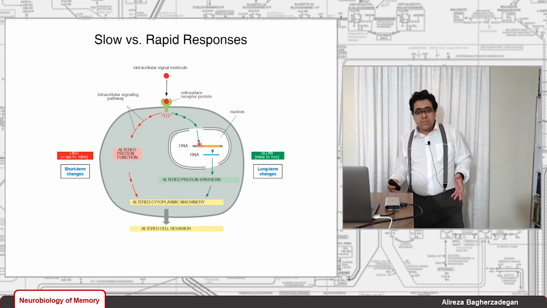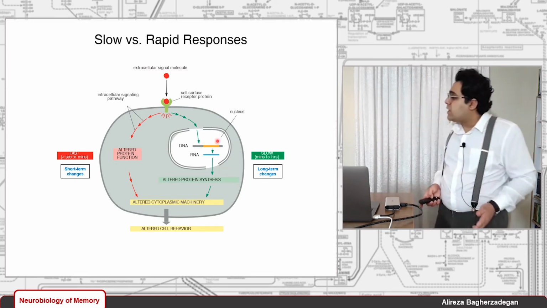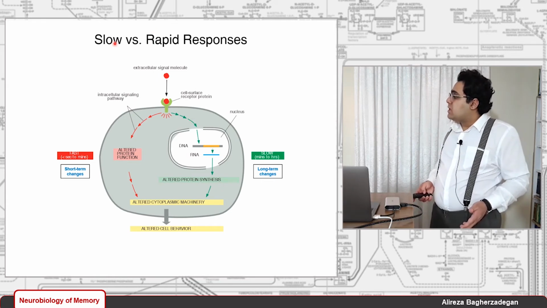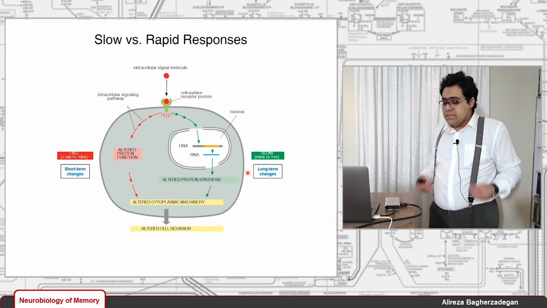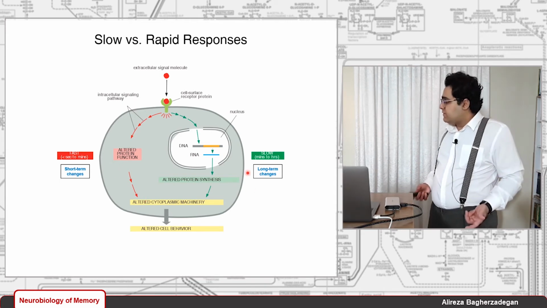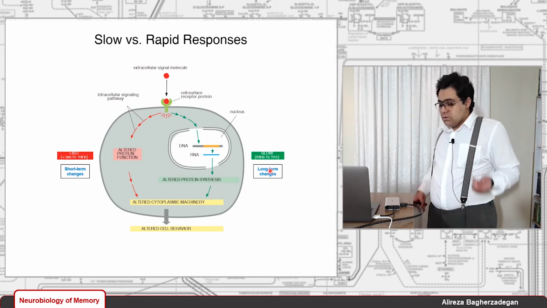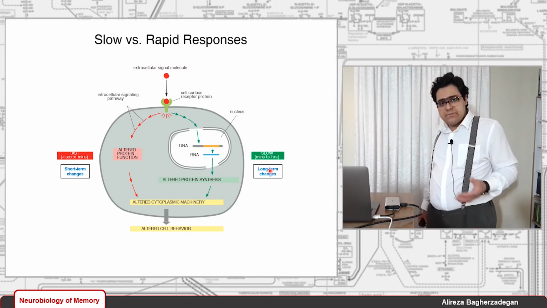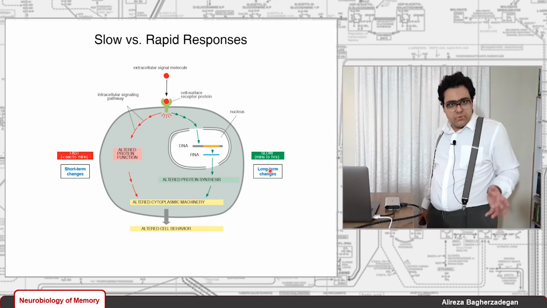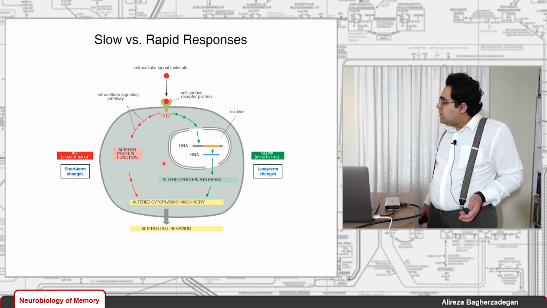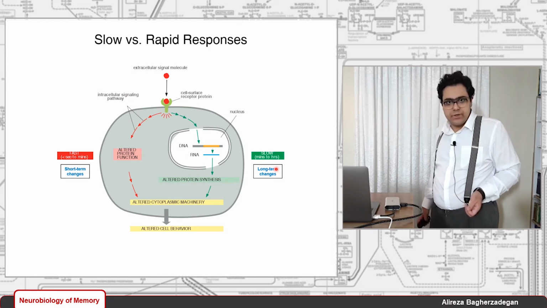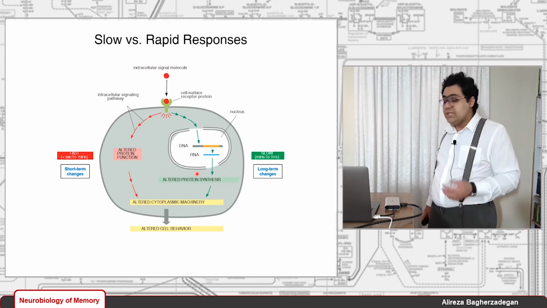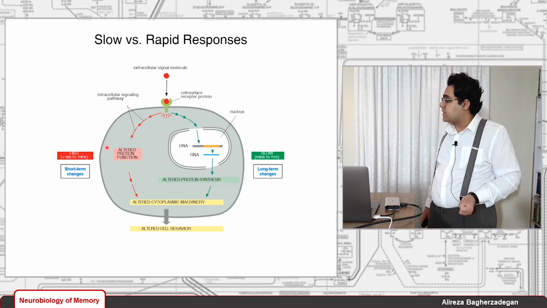New proteins must be synthesized, and that's why it takes much more time than this pathway. And also because new proteins are synthesized, they're going to stay in the cytoplasm for relatively longer times. So we can call these changes long-term changes because new proteins are synthesized.